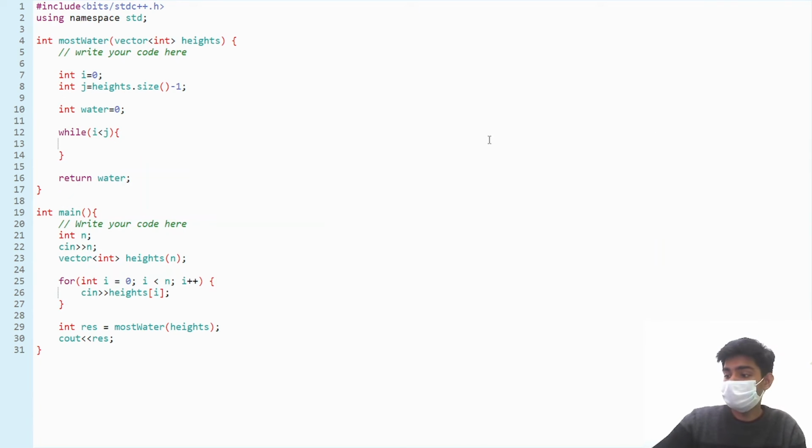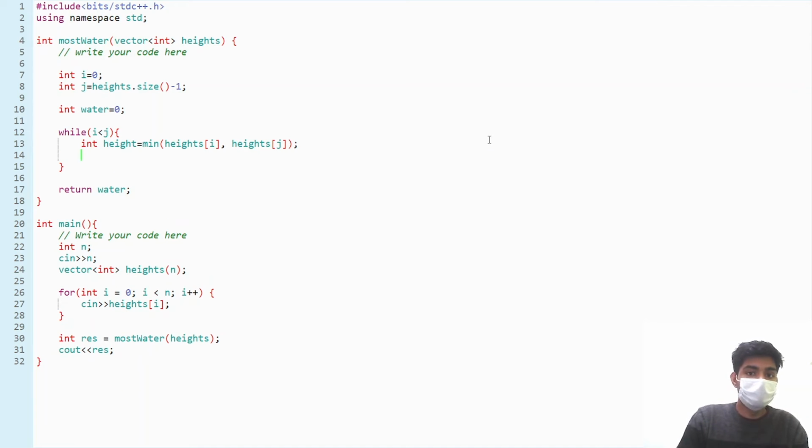While I is less than j, I will calculate my height, which is going to be the minimum of the two heights, so min of heights of I, comma heights of j. Now it gives me the minimum height, so I just need a width.